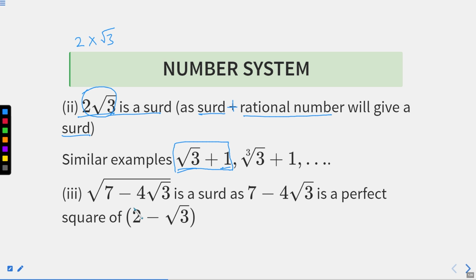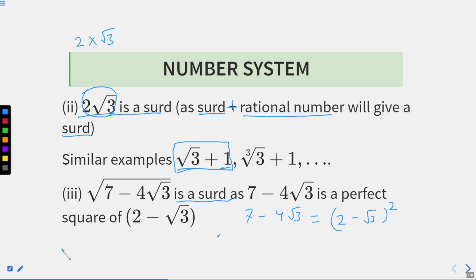Now let's see the third type, that is square root of 7 minus 4 root 3. This is also a surd, because 7 minus 4 root 3 is equal to 2 minus root 3 whole square.